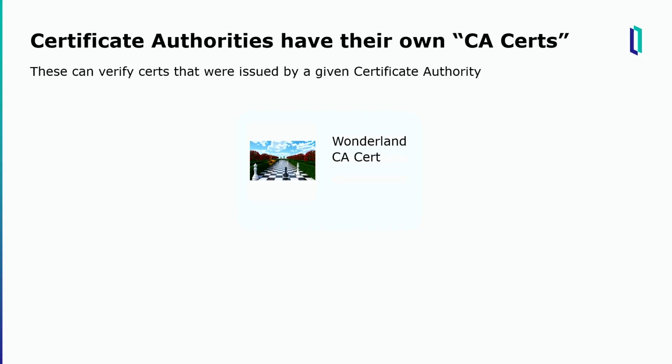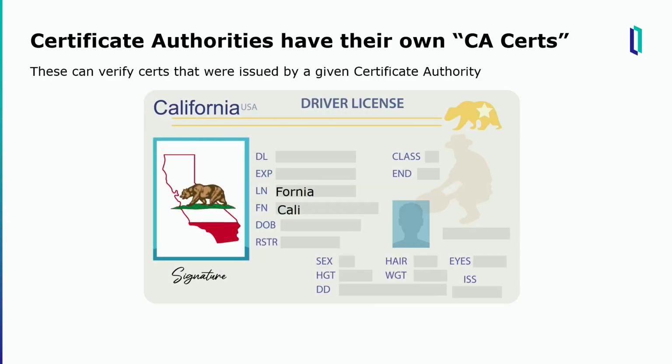These certificates can be used to verify that specific endpoint certs were indeed issued by particular certificate authorities. And that's where the analogy breaks down a little bit. It's not like the DMV has its own driver's license that can be used to prove that other driver's licenses were really made by that DMV, but that is how CA certificates work.